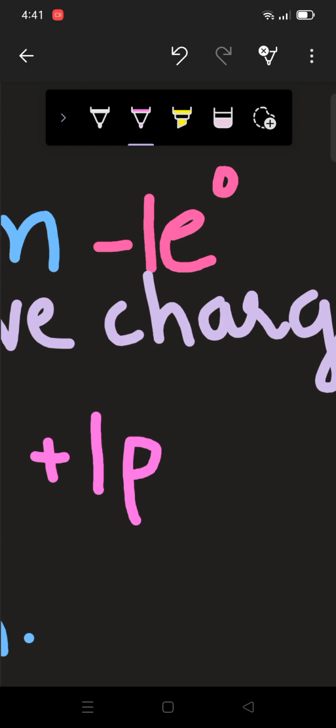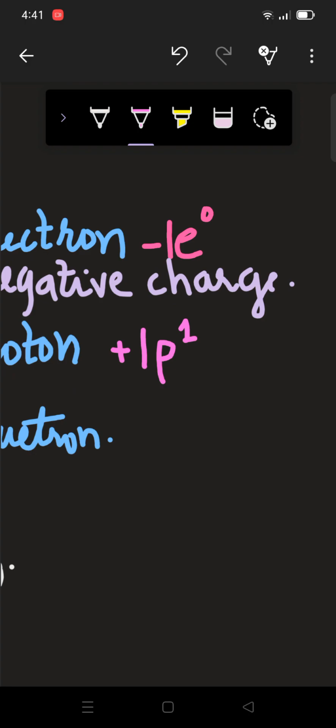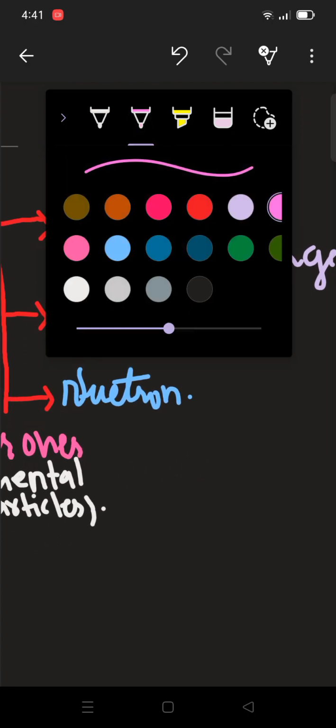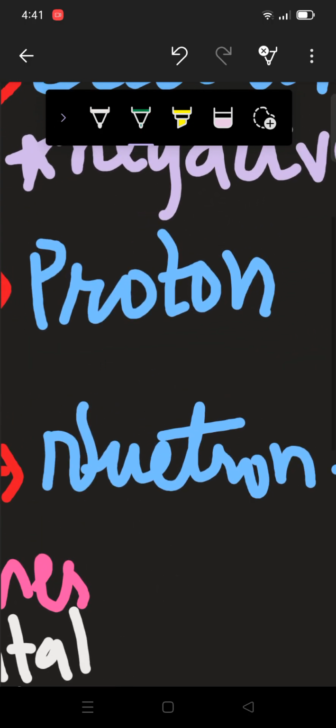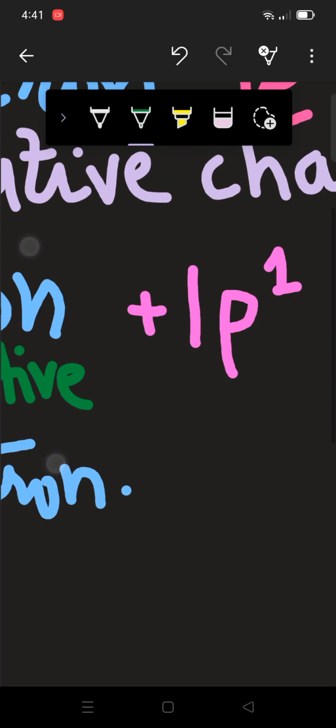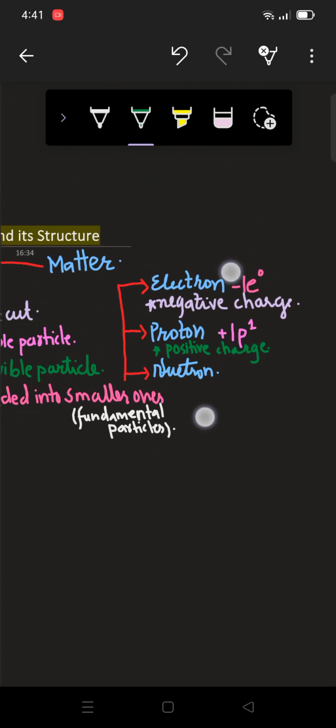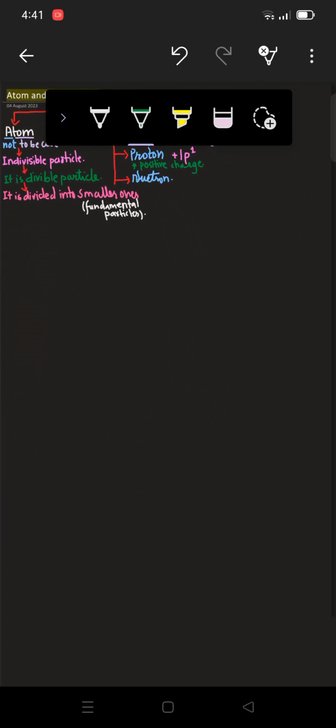That's why we write its mass as 1. So proton has positive charge. Alright, electron has negative charge, proton has positive charge.